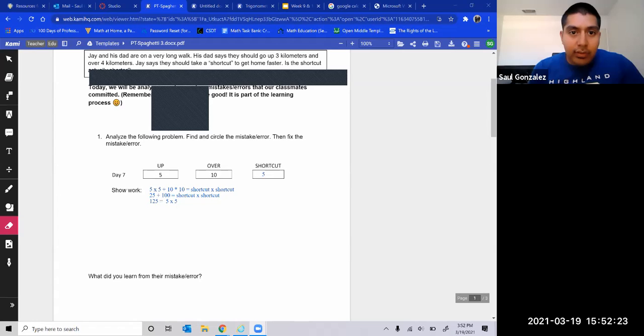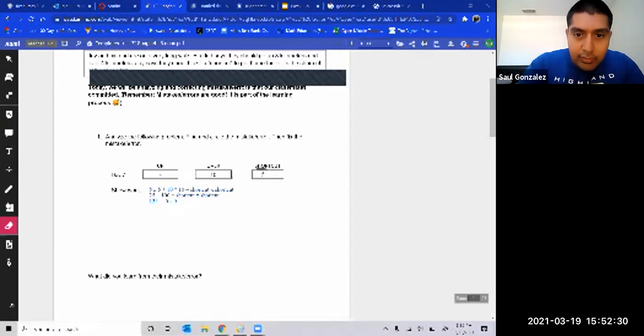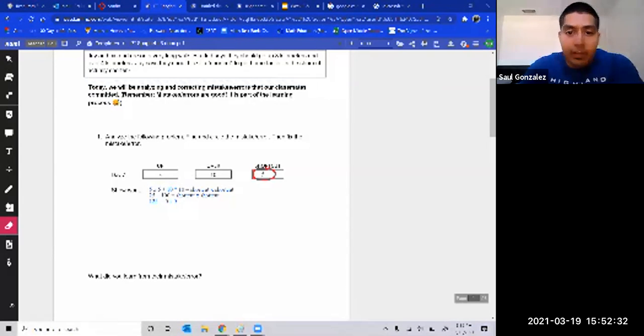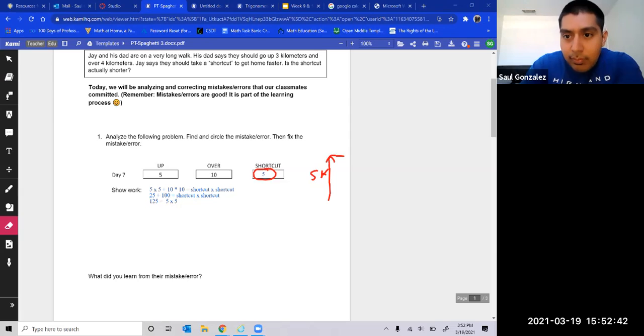Let's see, I see a mistake here. So this is their claim, this is their solution. So to me, that looks like it's a mistake. And you might be wondering, well, why is that a mistake? Well, if we go up by, let's say, 5 kilometers, and we go over by 10 kilometers, now we notice that the shortcut would have to be somewhere here.